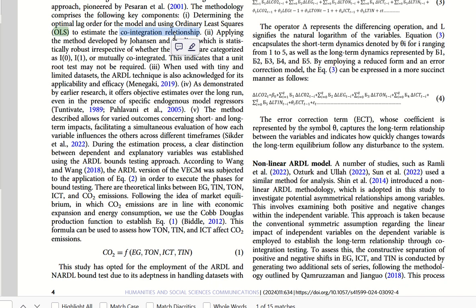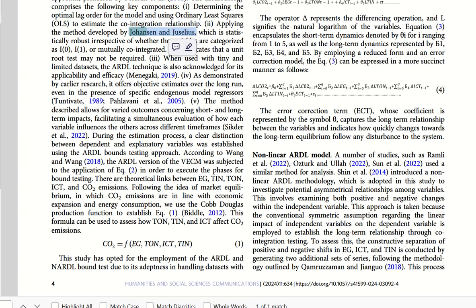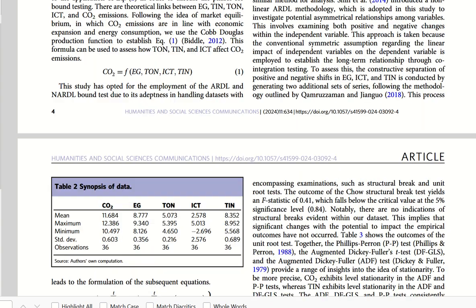The author mentions Johansen and Juselius to explain that with some variables at level and some at first difference, ARDL still works.